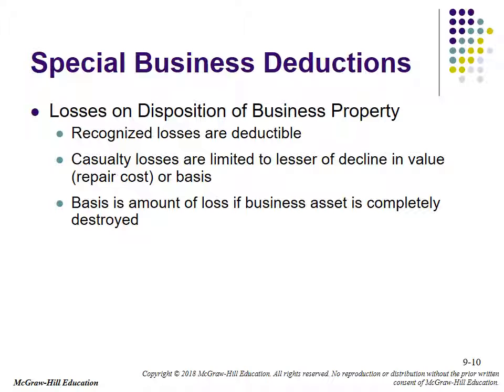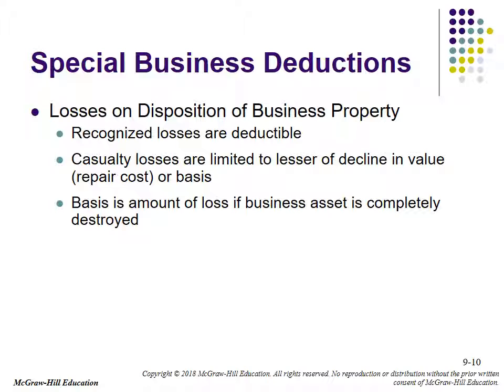That will equal the basis. So let's say our basis in this asset is $6,000. What that second bullet is saying is you can get a casualty loss, but it's limited to the lesser of how much it costs to repair it, or the basis, what's left to expense of this asset. So in our case, it would be the $6,000.